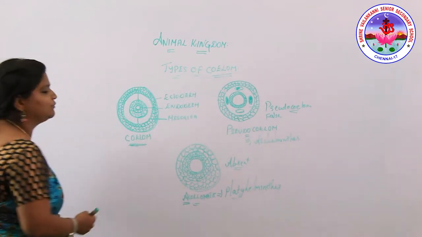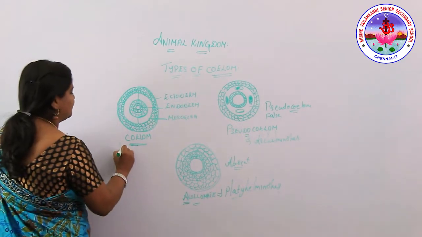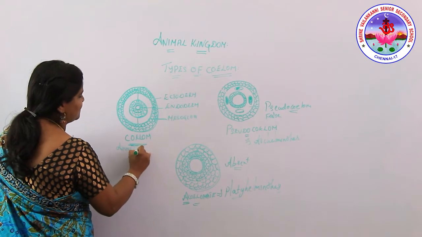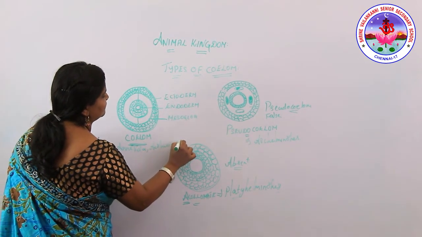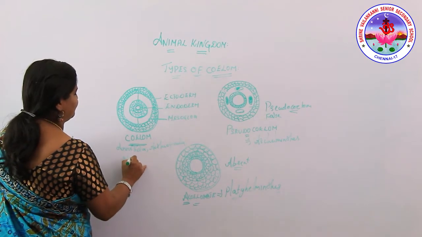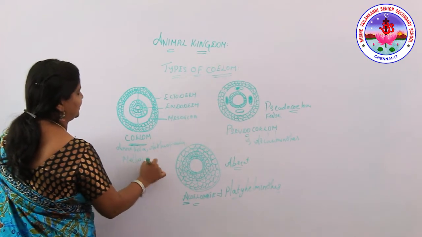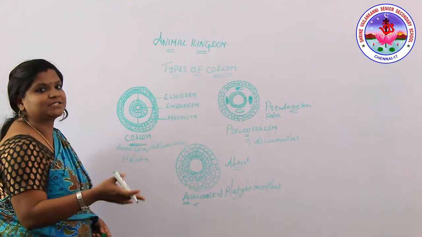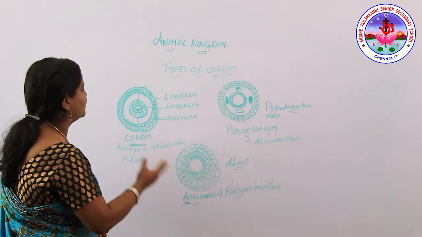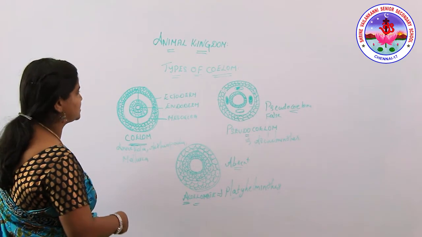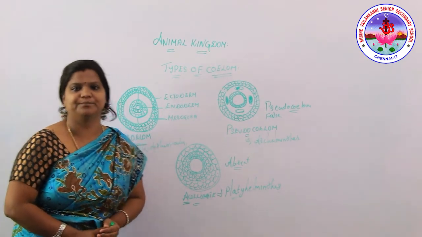And the true coelom starts to be present in the phylum Annelida, Arthropoda, Mollusca, Echinodermata and Hemichordata. In all these, the coelom is present. That's the difference between the types of coelom, studied with the help of this diagram.